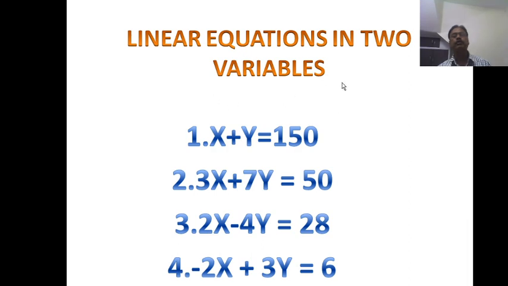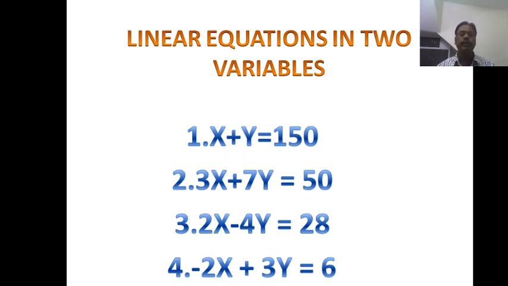Linear equations in two variables, let us see some linear equations here. You can see here there are two variables x and y. First equation is x plus y equal to 150. The variable's power is 1, x power 1, y power 1. That is why it is called linear equations, and it is having two variables.